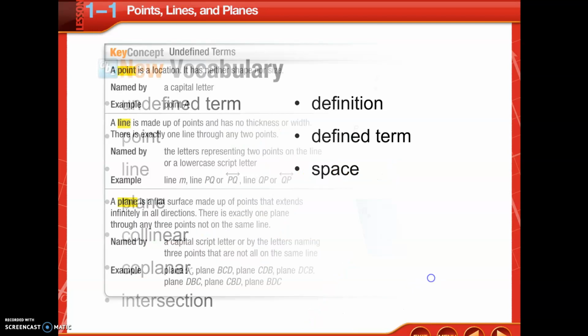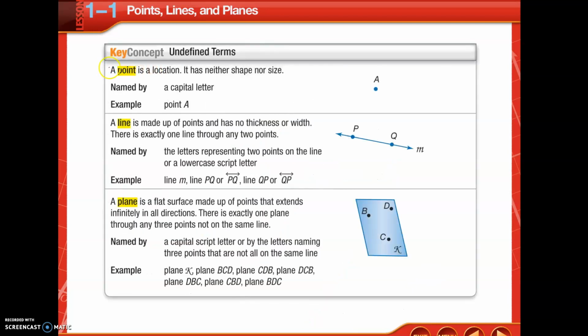All right, so we are going to look again. A point is always named by a capital letter, and it's the only time you should have a single letter by itself. A line is named by 2 points on it with an arrow on both sides, a line over top, or the word line and the 2 points, or the word line and the little cursive letter at the end.